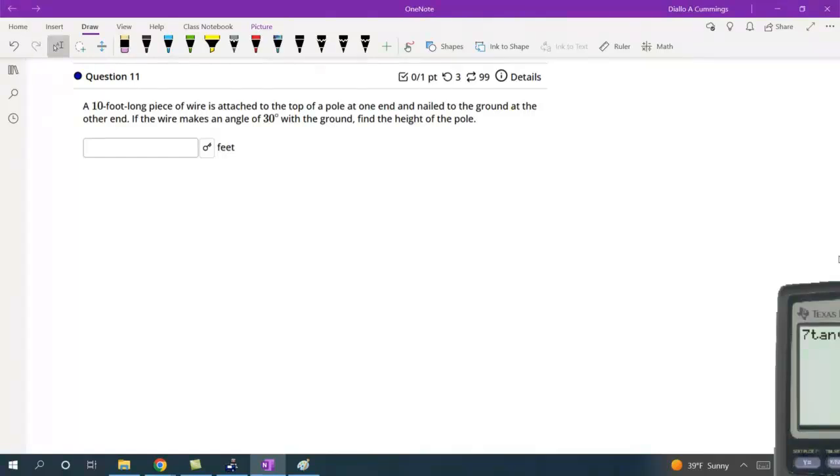All right, so we're going to construct a rough sketch. So first off, we're given a pole, which we don't know the height of. This is actually what we're trying to find. And to the top of that, there is a wire that's attached. And it says that the wire hits the ground and makes a 30-degree angle with the ground.